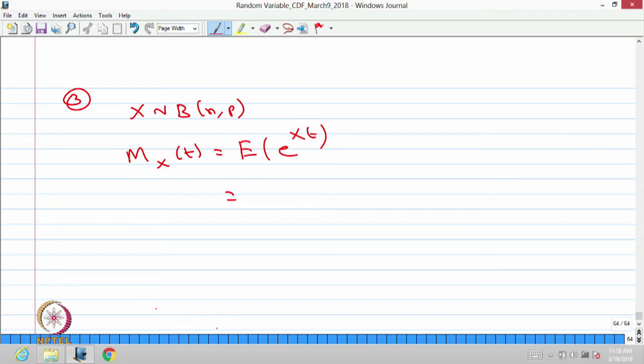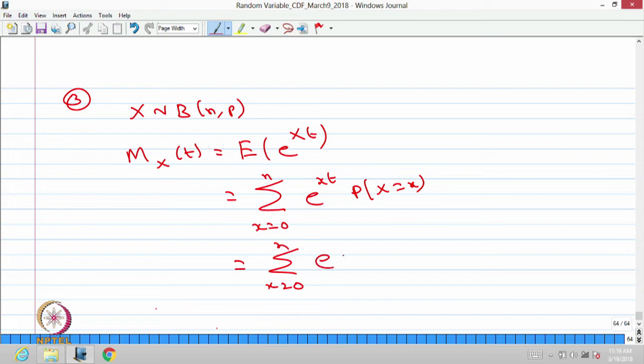Since it is a discrete type random variable, it is going to be the summation of e power small x t times the probability that X takes a value small x, and the possible values of x are from 0 to n. So, you substitute all the values: x equal to 0 to n, e power xt, and the probability of X equal to small x is nCx p power x, 1 minus p power n minus x. Now, you do not need to expand and simplify. You can keep p power x and e power xt together.